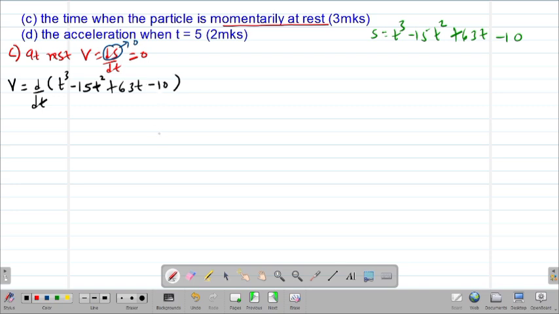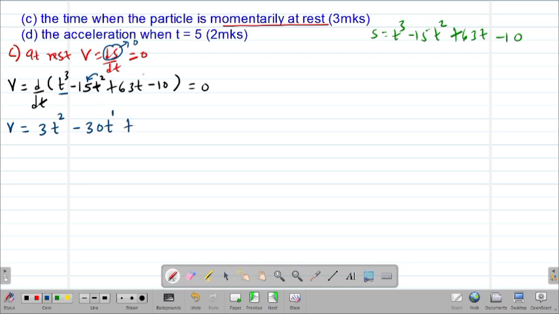So of course we're going to differentiate our equation so that we can get the V. Then at rest we are saying that this one is equal to 0. So clearly our V will be equal to, I differentiate this part, this will give me 3t power 2. Then of course minus, I differentiate this, this will multiply by 15, which will give me 15 by 2, that is 30, then t to the power of 1, that is 2 minus 1, you will remain with 1.